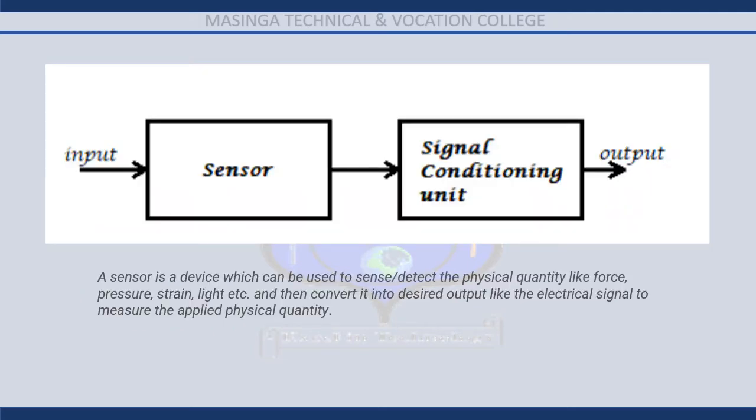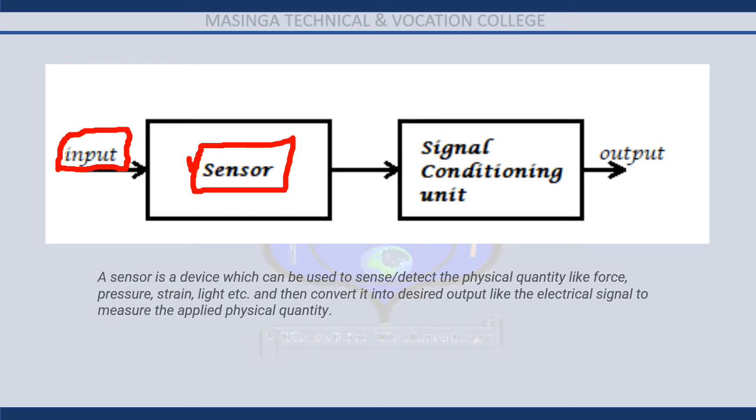Here we have the process diagram for a typical sensor. Now, at the beginning, we have an input. An input can be any physical quantity which we want to measure. This is a force, pressure, strain, light, sound, etc. Now, this physical input causes a change within the sensor.